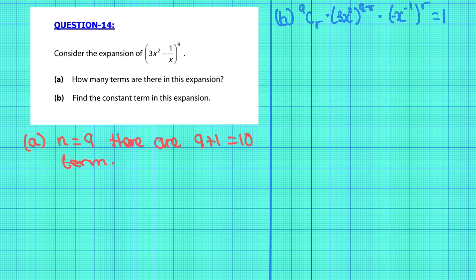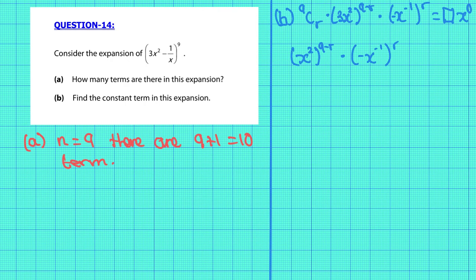And we know that that's some value of x to the power of 0. Take out the terms that just have an x value. So we've got x squared to the power of 9 minus r times minus x to the minus 1, r.